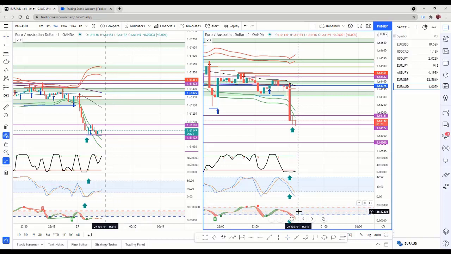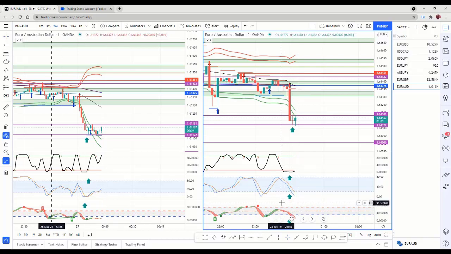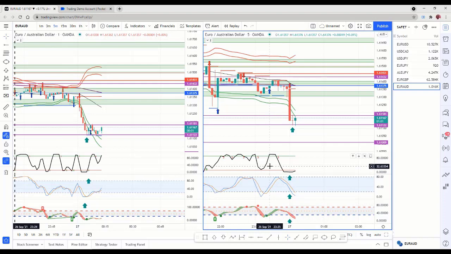Now as a beginner, you will have this challenge most times of entering a trade too early or late. But I tell you the truth, trades always give you a window. You always have a window to trade.